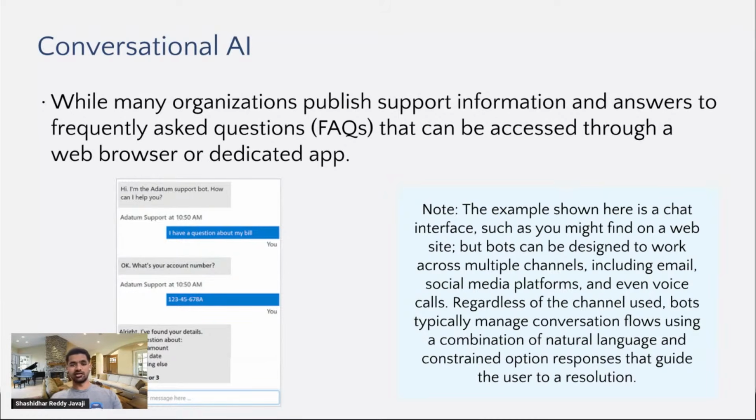Conversational AI: many organizations publish support information and answers. You might know that almost every company or website has FAQs at the end, where frequently asked questions are listed. These are the most generic questions where most people have doubts.